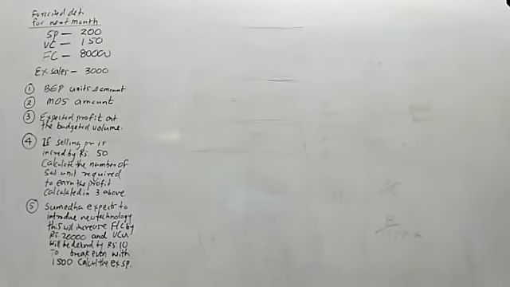Variable cost per unit is 6. Here it's 0, then 60,000, 120,000, 180,000, 240,000, 300,000.